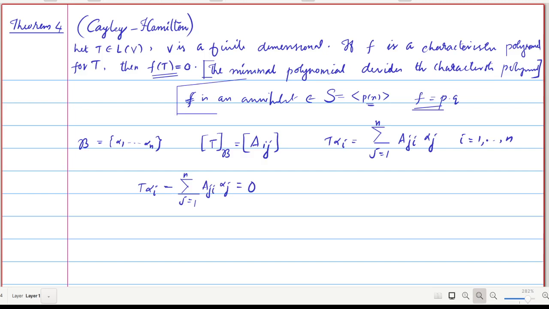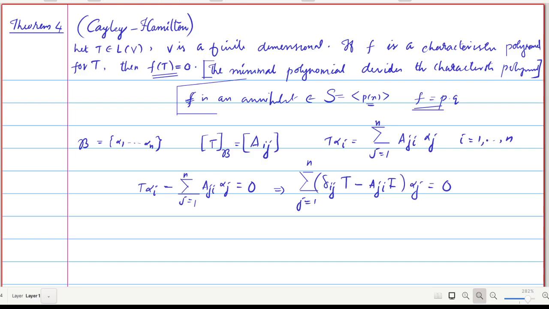When you transpose this to the left hand side, this is also true for i equal to 1, 2, 3 etc. n. Now you rewrite this as the summation over j from 1 to n of (delta ij t minus Aji) of alpha j is equal to 0.